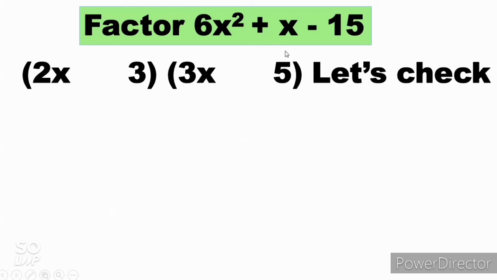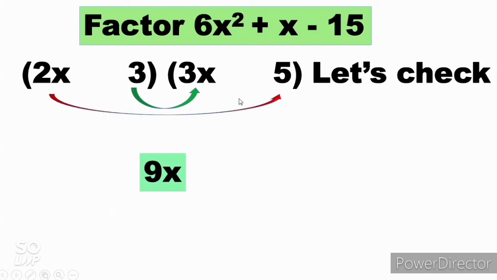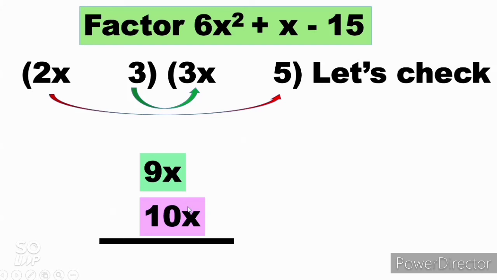Now we have 3 times 3x equals 9x. Then 2x times 5 equals 10x. Find the sum. Dapat ang sum ng dalawa is yung middle term ng trinomial natin na x. Check natin.